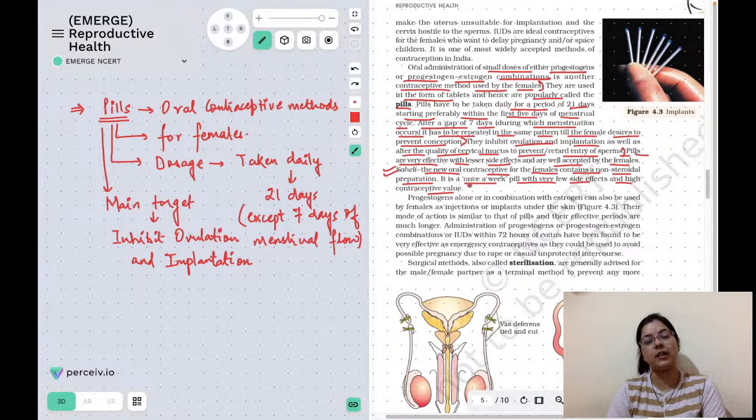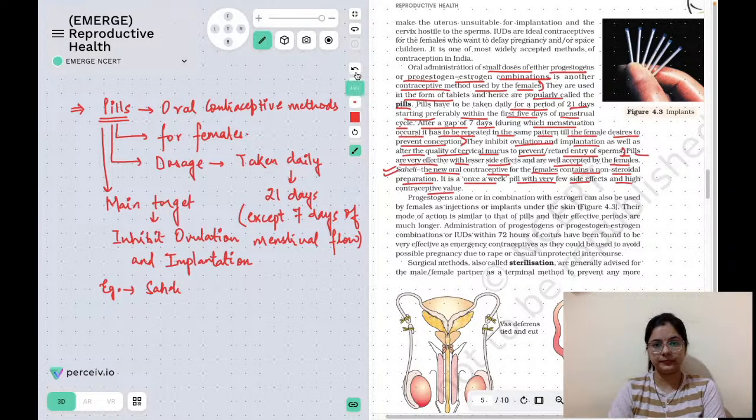So one of the best examples of pills is Saheli. I had already told you about this. Clear?